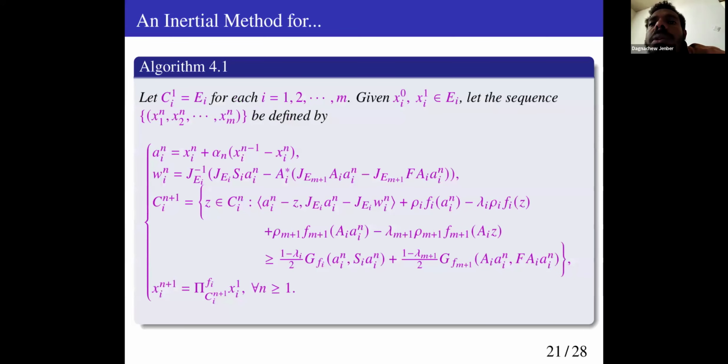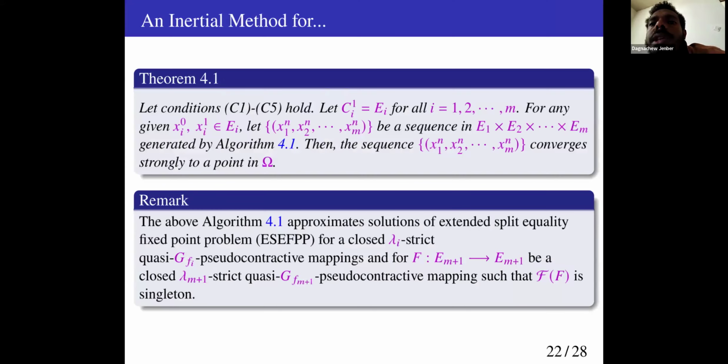By assuming these five conditions hold, we constructed the algorithm for point 1, and we showed that under these conditions, and if we let Ci1 be Ai for every i running from 1 to m, and for any given xi and xi1 belonging to Ei, and let x1n up to xmn be a sequence in A1, A2 up to Am generated by the above algorithm 4.1, then the sequence converges strongly to a point in omega.